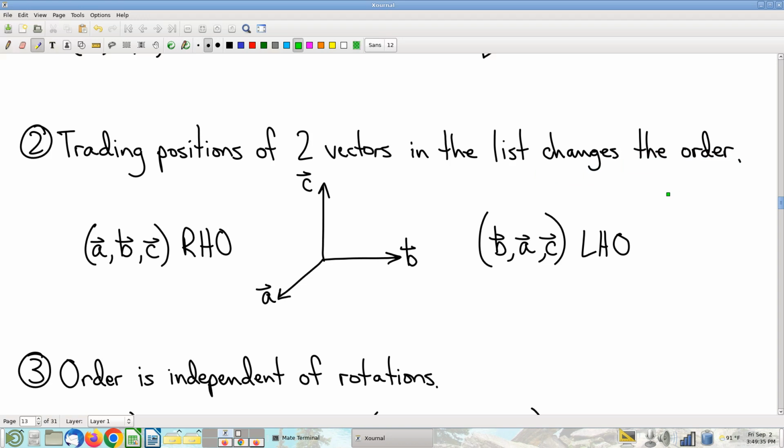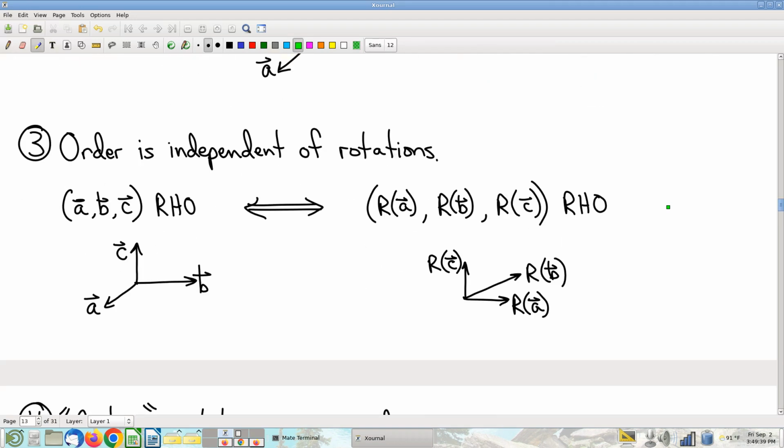Okay. All right. So again, lastly, it's independent of rotations. I think this is a pretty easy pitch. Here you go, ABC, right-hand order, right? Now, this is those vectors, right?